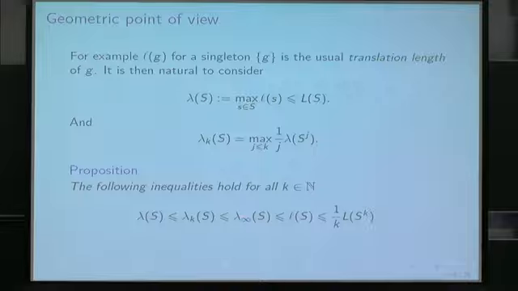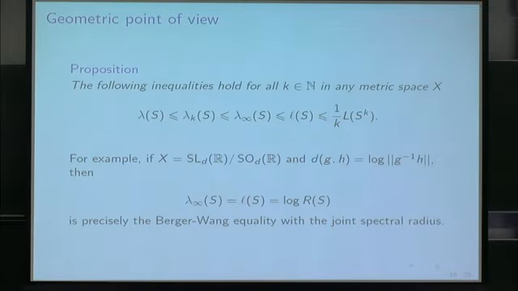So lambda infinity is the limit when k equals infinity here. And this is always at most the asymptotic joint displacement. This is a crucial bit. So this is very general, basically abstract nonsense, valid for every metric space.